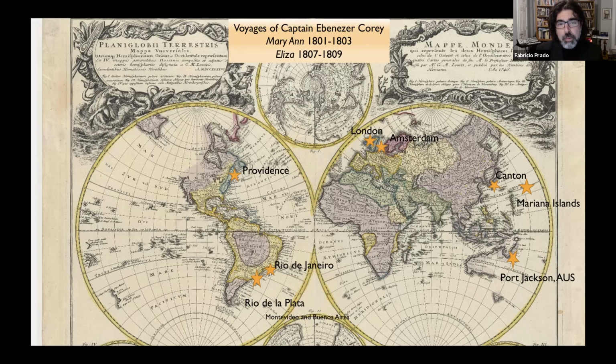But the Marianne actually was the beginning of this new route, right? It's the first ship that Brown and Ives sent to South America. In the next 3 decades, Brown and Ives, just this firm alone, sent another 29 voyages to South American ports, including Brazil, Rio de la Plata, Chile, Peru, Ecuador.